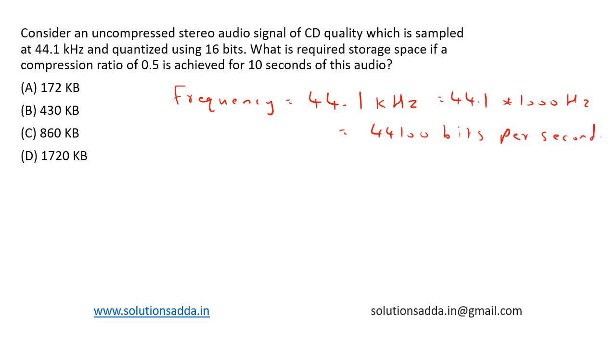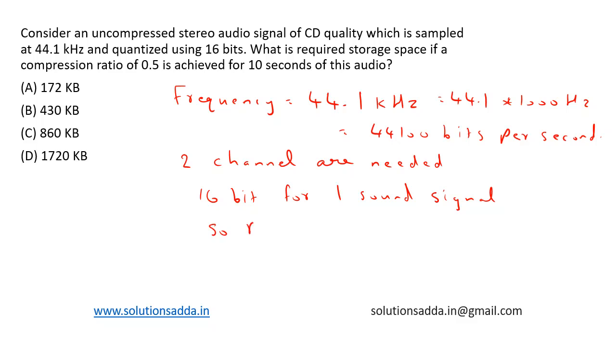This is a stereo audio signal, so it will need 2 channels. 2 channels are needed. It will need 16 bits to represent one sound signal. 16 bits for one sound signal.